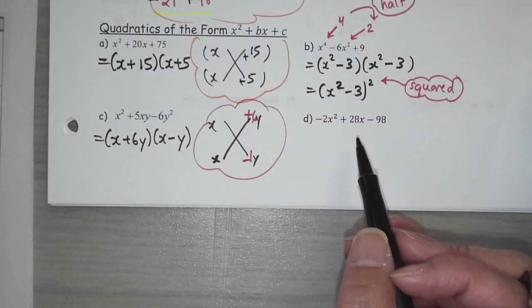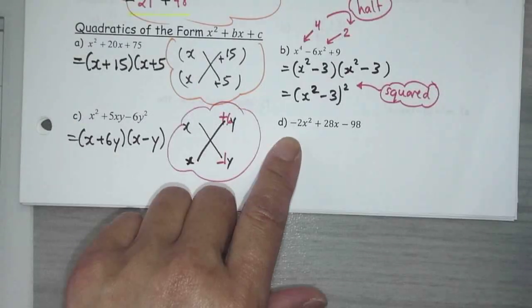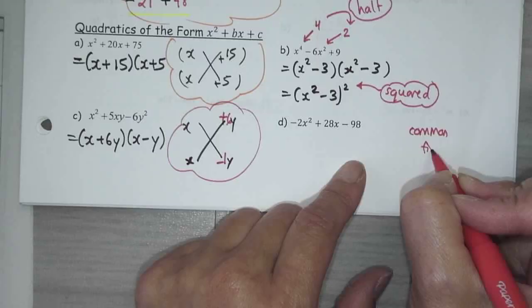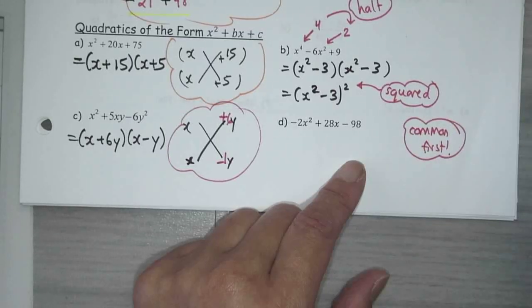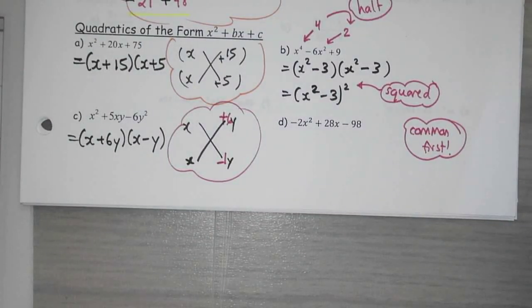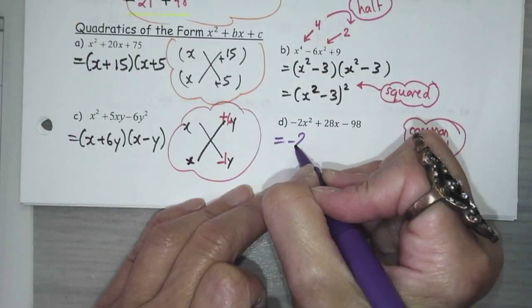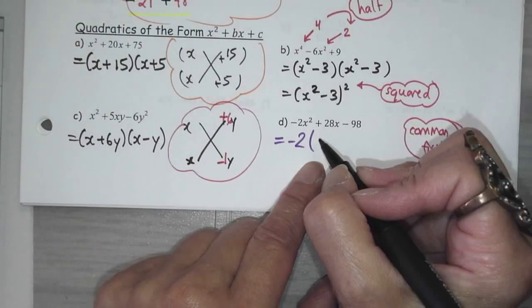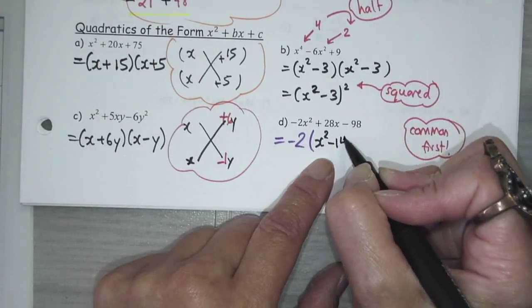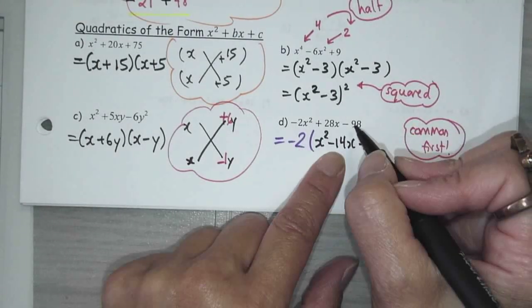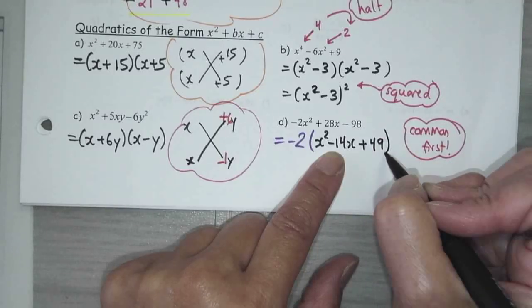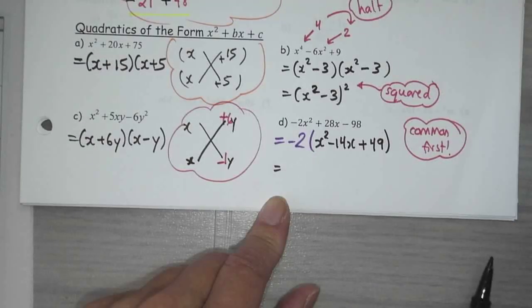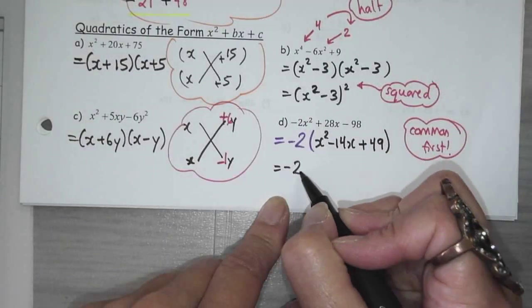Right, so even with the 1. This one is actually a simple type with the 1 in front, but you have to always remember common, right? Common first. So the common factor should come out first, and you should get out the -2. So definitely always remember the common factor. We're going to get x squared minus 14x and then plus 49. Okay, then it's just a simple, you keep the -2 in front, right?